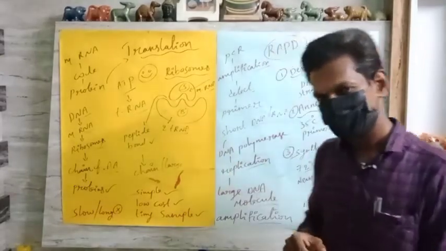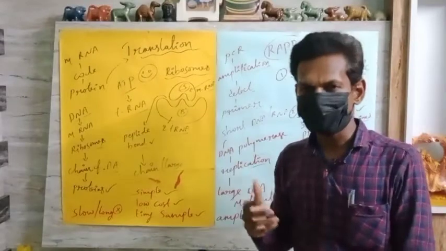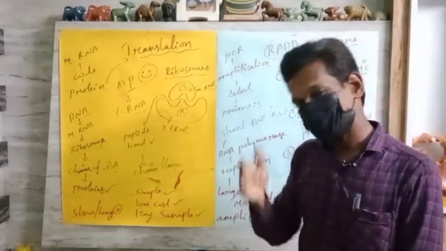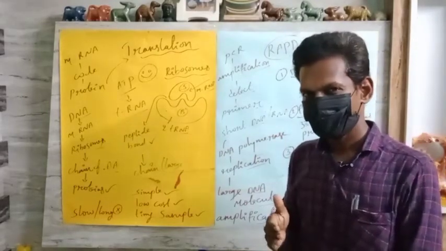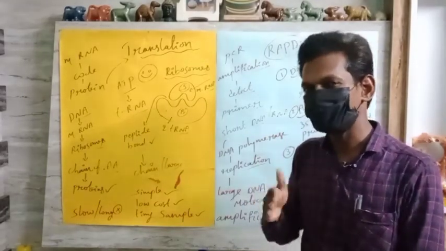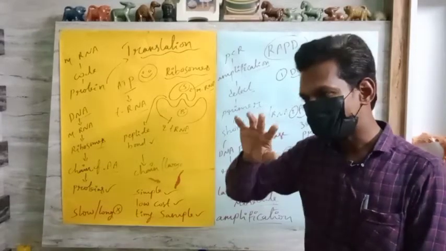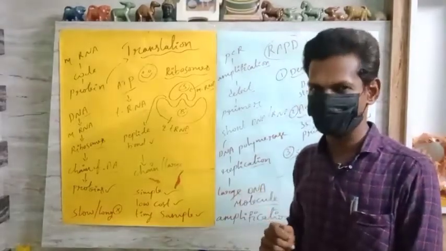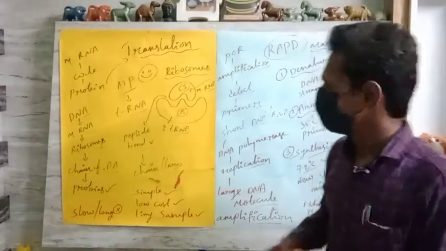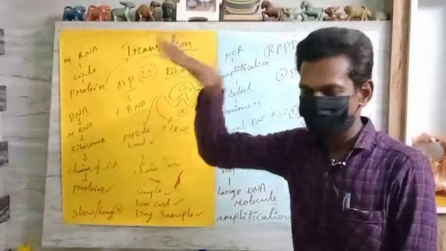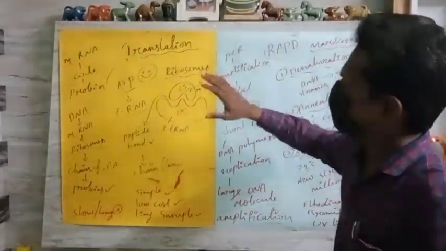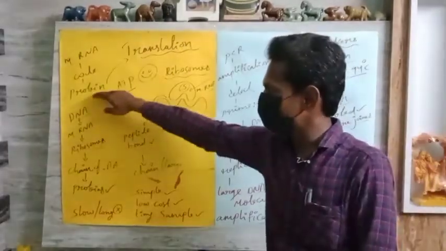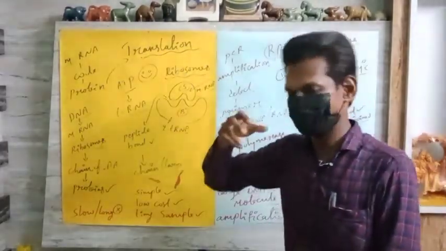In multimeric and polymeric proteins, ionic bonds, disulfide bonds and hydrogen bonds are present along with peptide bonds, giving complex helical or pleated structures. Different types of proteins are a further topic. Here, our translation concept is that mRNA codes the synthesis of protein.